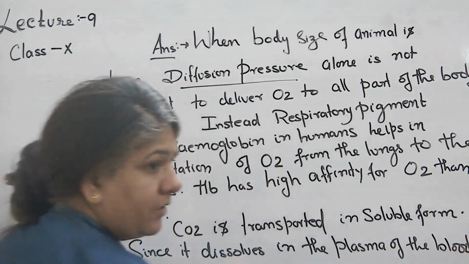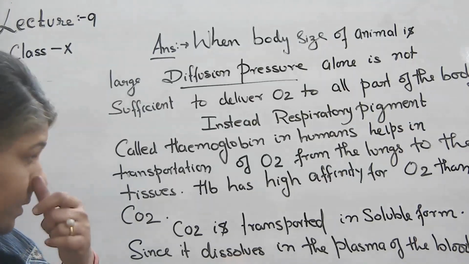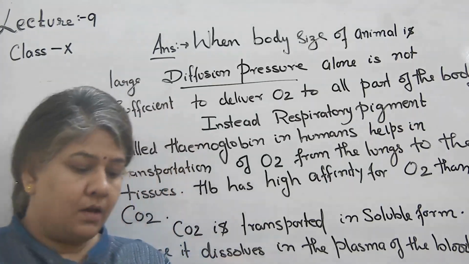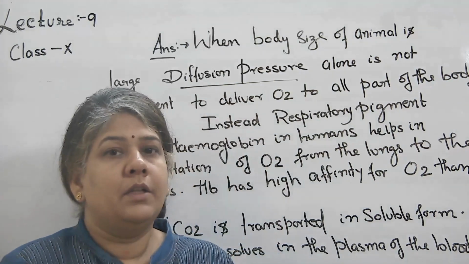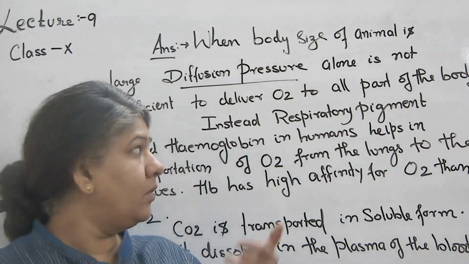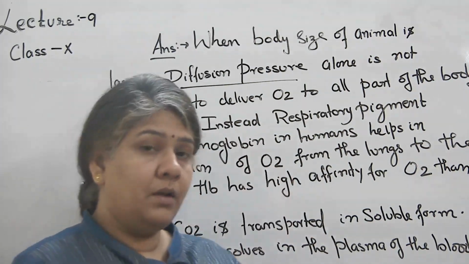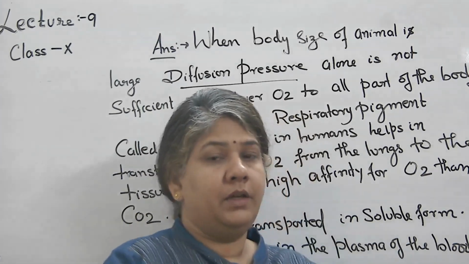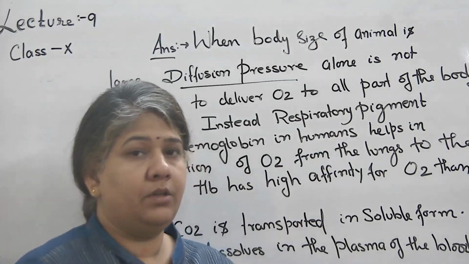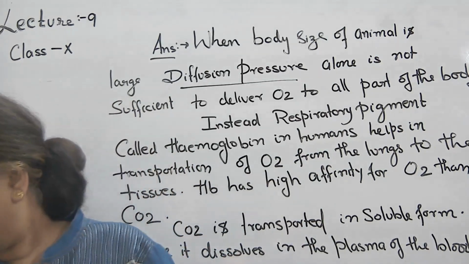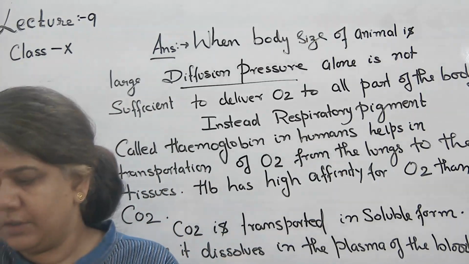The plasma is the fluid part of the blood. So oxygen is carried by the cellular part, that is RBC is carrying oxygen mainly, and carbon dioxide is mainly transported in dissolved form through plasma.